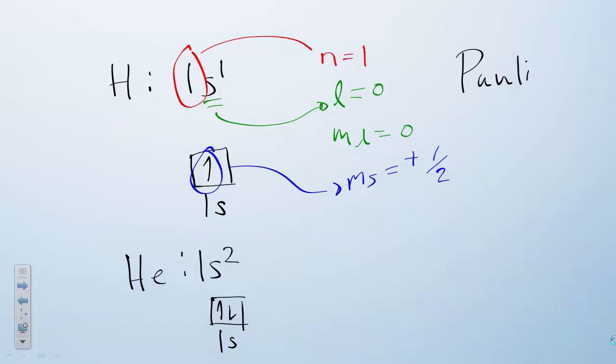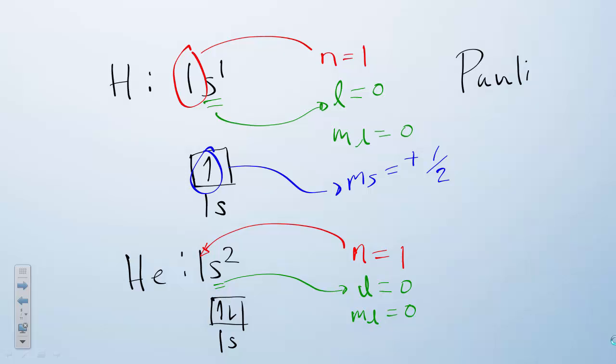So, hearkening back to the 1 here, this tells us that n is equal to 1. The s tells us that L is equal to 0. The m sub L must be equal to 0. If we have an s orbital, it's always equal to 0.